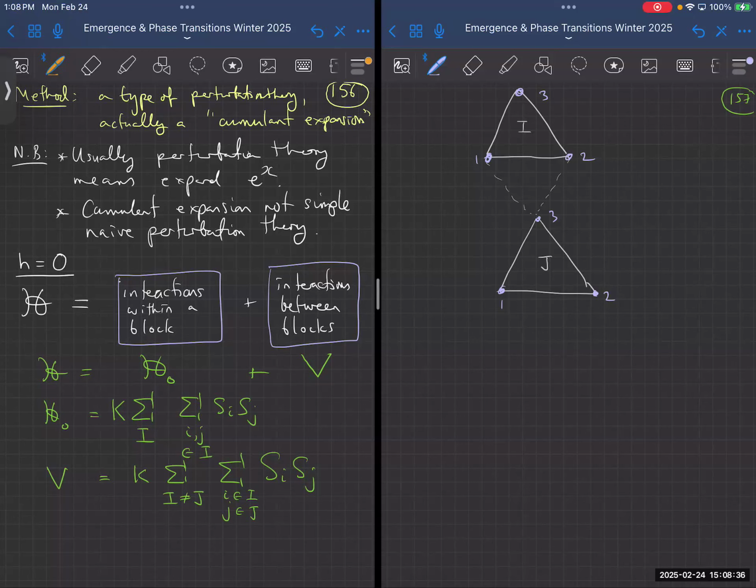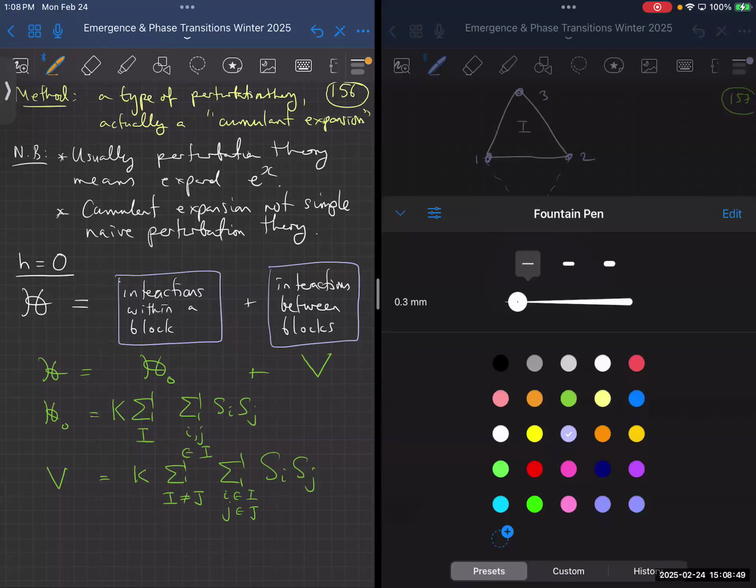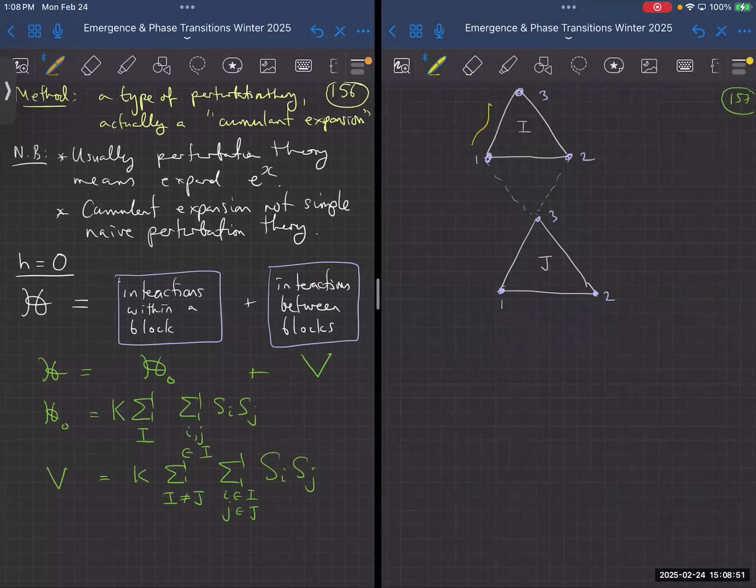And then we know that the spins interact with their neighbors, and so we can see that there's terms where this spin over here is going to interact with its neighbor within the block, but then this spin over here interacts with its neighbor. That's an interaction in V, and this is an interaction within H naught. Okay, so that's our picture.